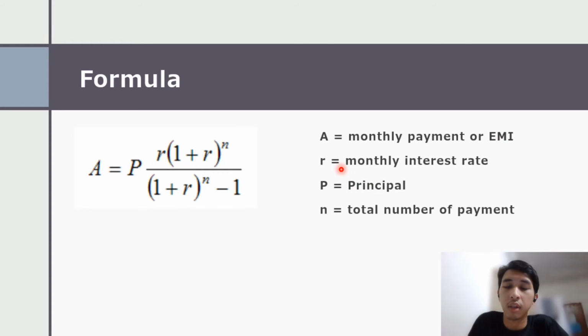R is defined as the monthly interest rate, the interest rate that will be paid to the lender. P is defined as the principal of the payment, the amount which the borrower lent from the creditor, and n is defined as the total number of payments or total periods of payment.